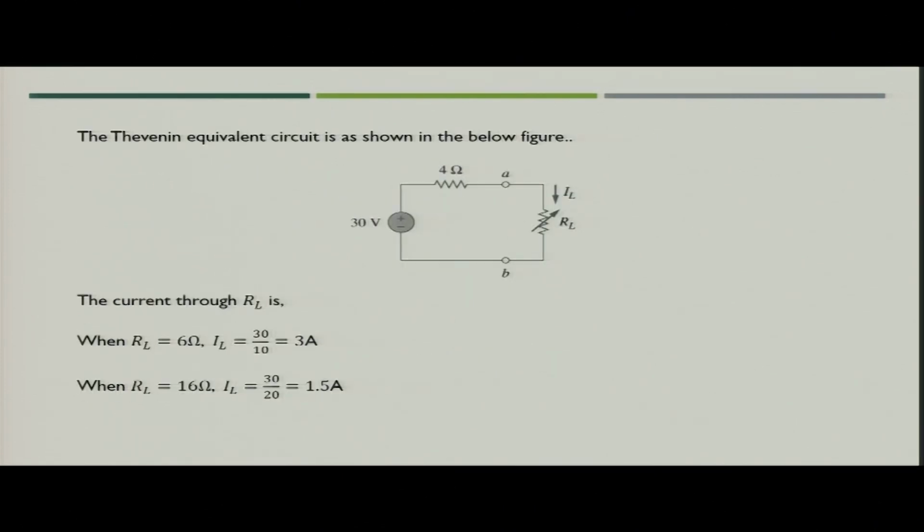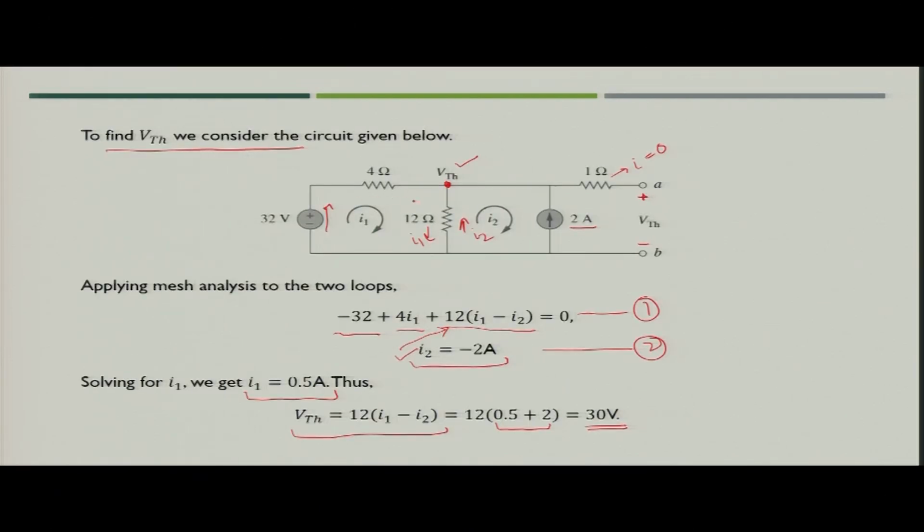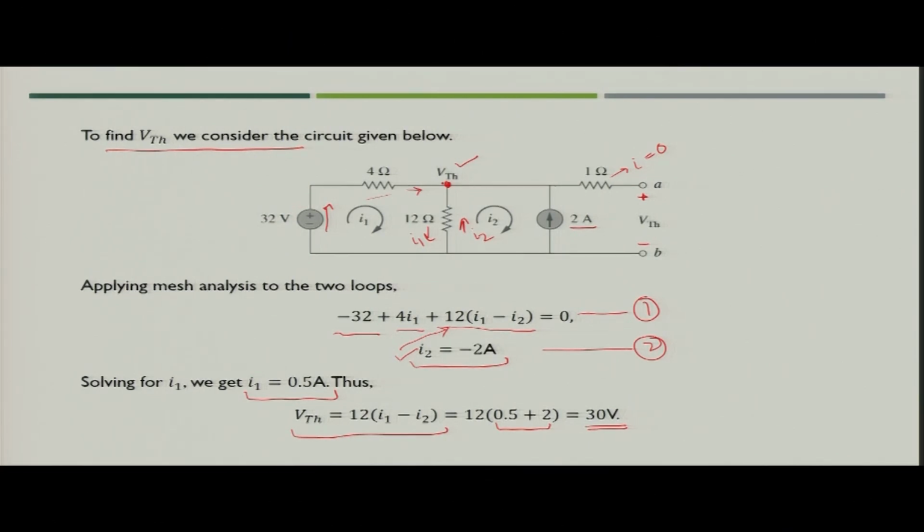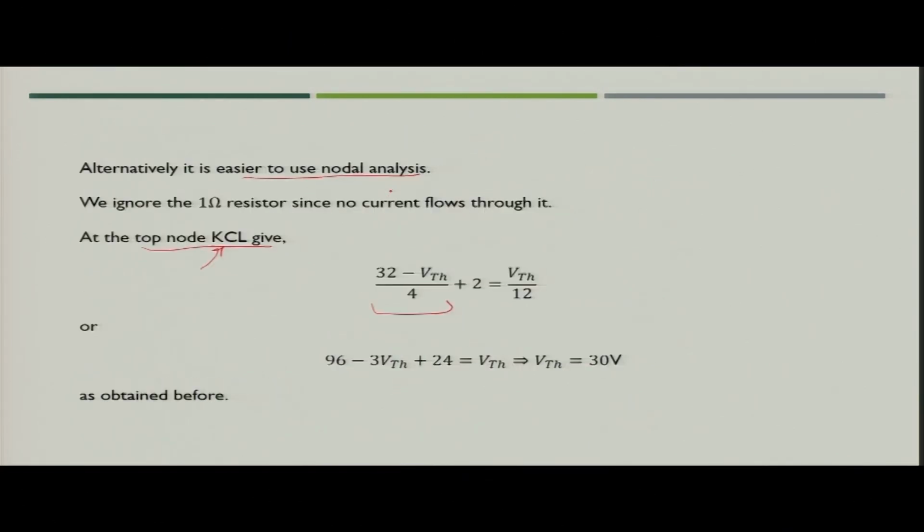So, you will simply see what are the various currents flowing into the node and equate it equal to 0, because total sum of current at that particular node would be 0. So, what would be the current coming inside from left? That would be (32 minus VTH) divided by 4 ohm. So, you have got first term of the equation.